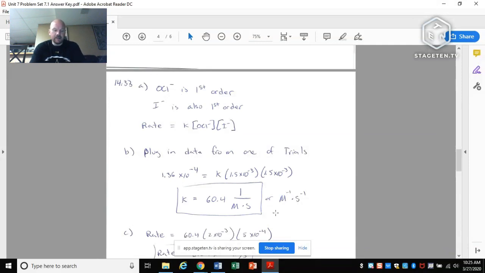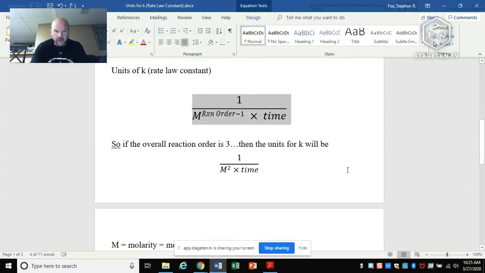So anytime you have to calculate the rate constant, you just have to plug in one set of data from one of the trials and solve. And then just make sure you follow that equation that we went over, right? So this is up here. This is what the units for K will always be equal to. Okay, this right here.